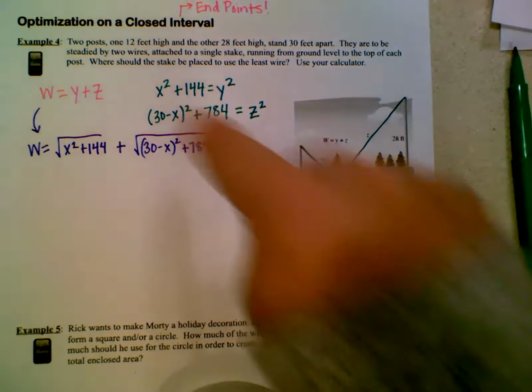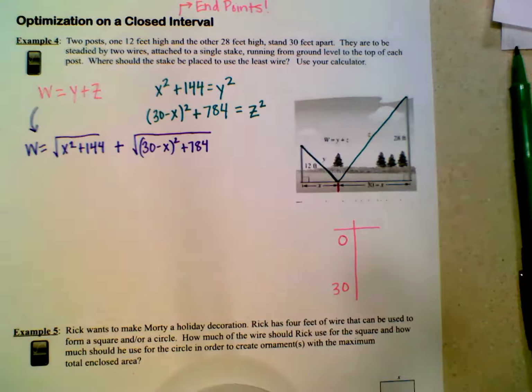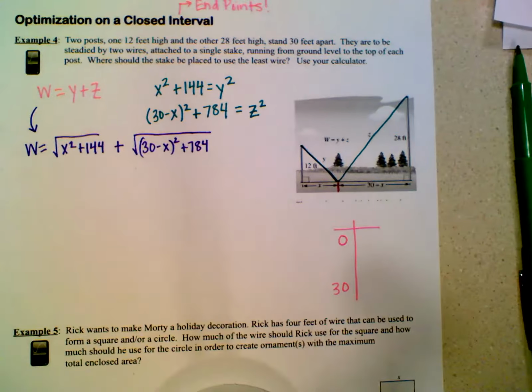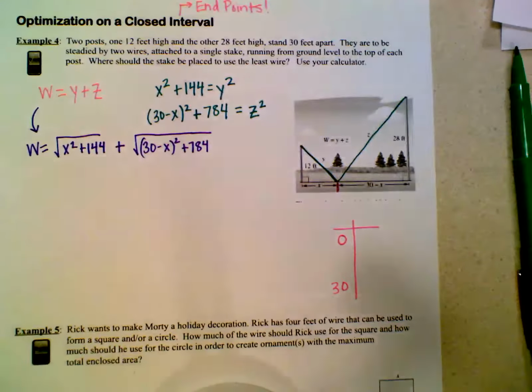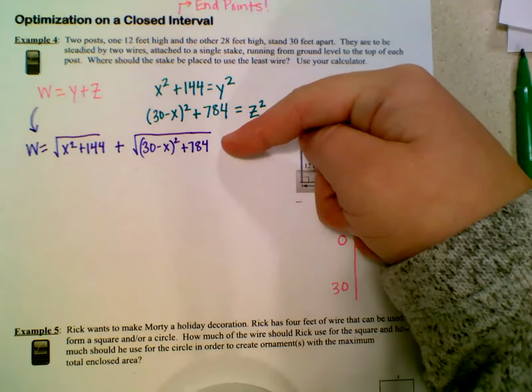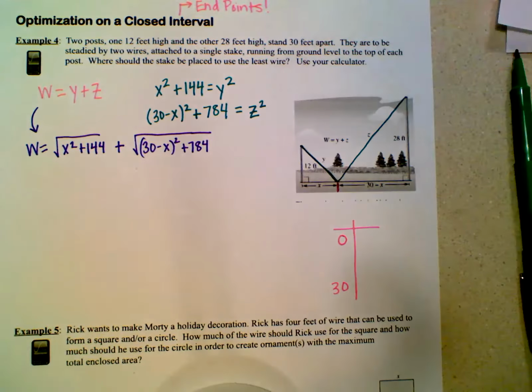And in my opinion, some of the trickiest parts are writing all the equations, substituting them in, and getting everything set up so that you have the equation that you need to maximize or minimize ready to go.